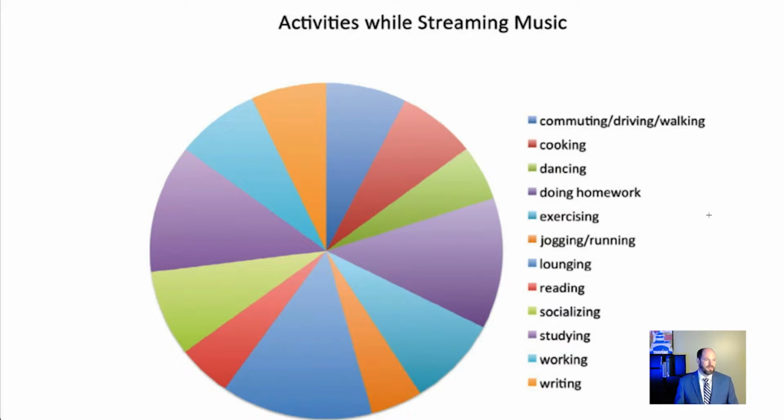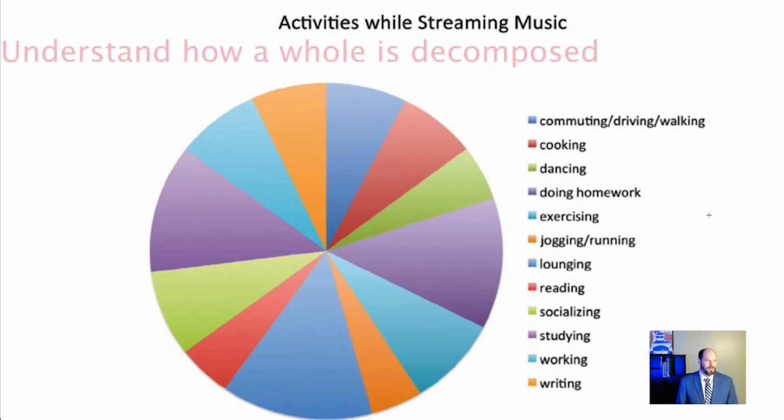Why is that? Well, I think there are two primary reasons. Again, remember that what we're trying to do is understand how the whole of something is decomposed into its parts, and do that easily and quickly. This fails on both accounts.